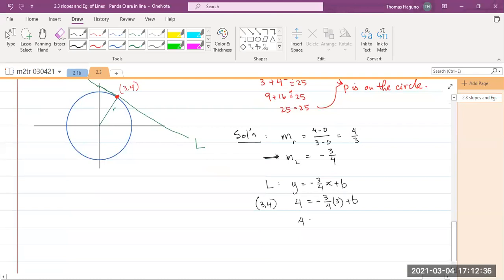Okay, so 4 equals negative 9 over 4 plus b, 16 over 4 plus 9 over 4 equals b, that's 25 over 4 equals b. Therefore, the equation of the line in slope-intercept form is y equals negative 3/4 x plus 25/4.